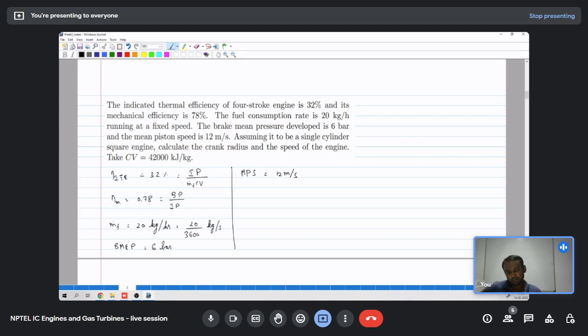Assuming it to be a single cylinder square engine, that means if it is a square engine, we have bore equal to stroke. CV is 42,000 into 10 power 6 joule per kg.